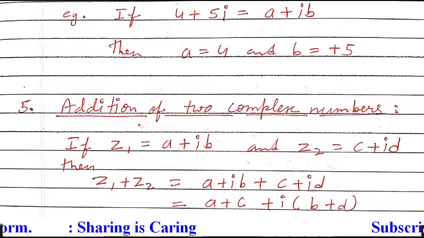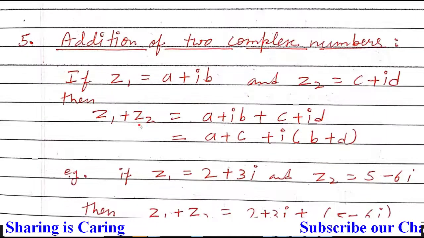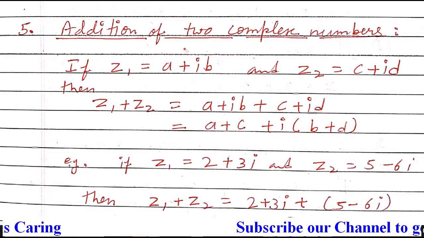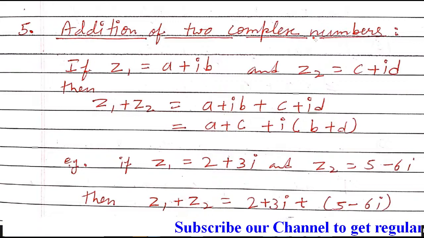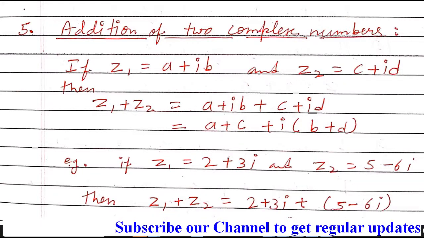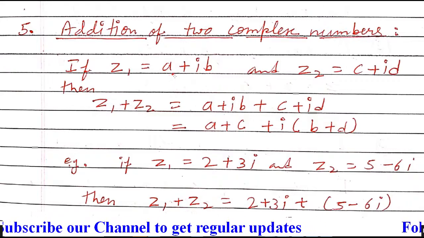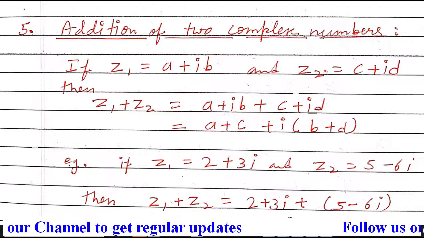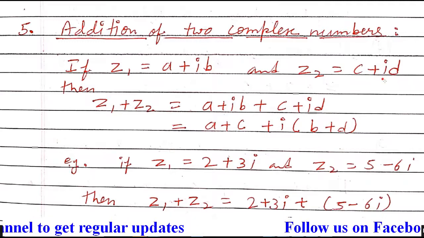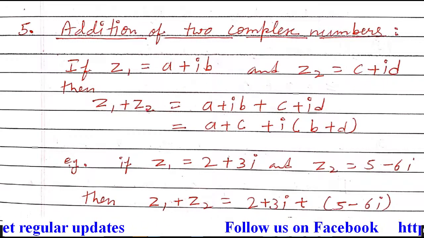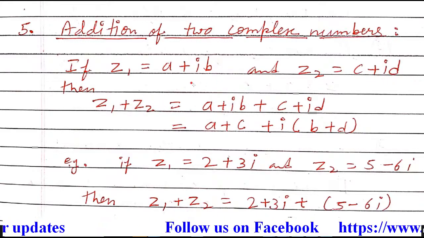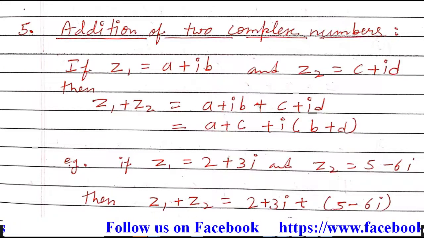Now if we have to add two complex numbers, so the fifth point, addition of two complex numbers. If z1 is equal to a plus iota b and z2 is equal to c plus iota d, we have to add. When we have to add any numbers, we put the plus sign in between.